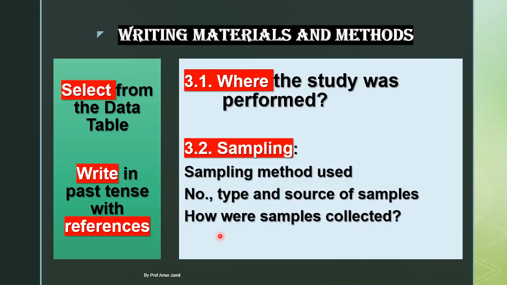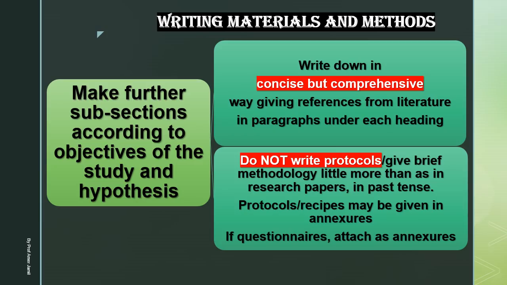So this is also very important. Even for the research for social sciences, for survey type research, you have to give the sample methodology. That how did you collect those samples, and what was your sampling method references.